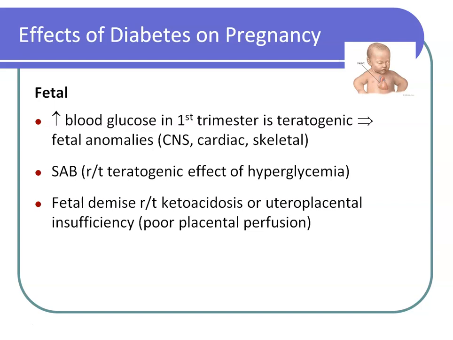So greater risk for fetal demise related to ketoacidosis or uteroplacental insufficiency, and that means the placenta is not being perfused well. I'll show you a picture in a minute of a uterus with calcifications on it, which can happen with diabetes because circulation is affected. And so if there's not good perfusion in mom, there's not going to be good perfusion through the placenta, and that can cause fetal demise.